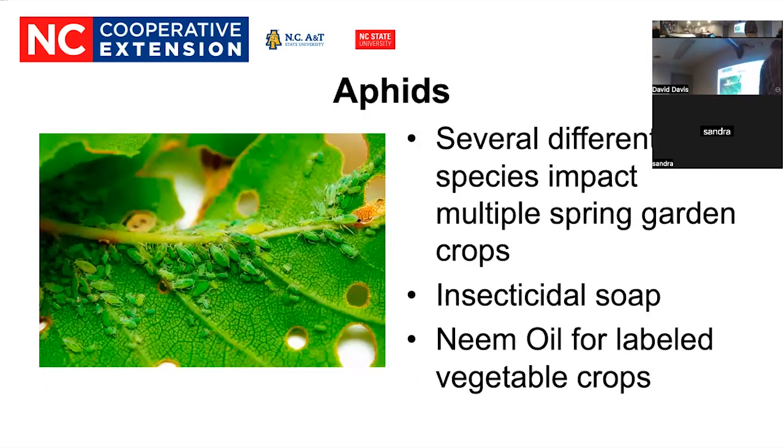Aphids, I see a lot of aphids on spring crops coming out. The good thing about aphids is they're fairly easy to control. You can control them with insecticidal soaps or neem oil for labeled crops. And it works because aphid is a sucking insect, and the insecticidal soaps basically wash them off.